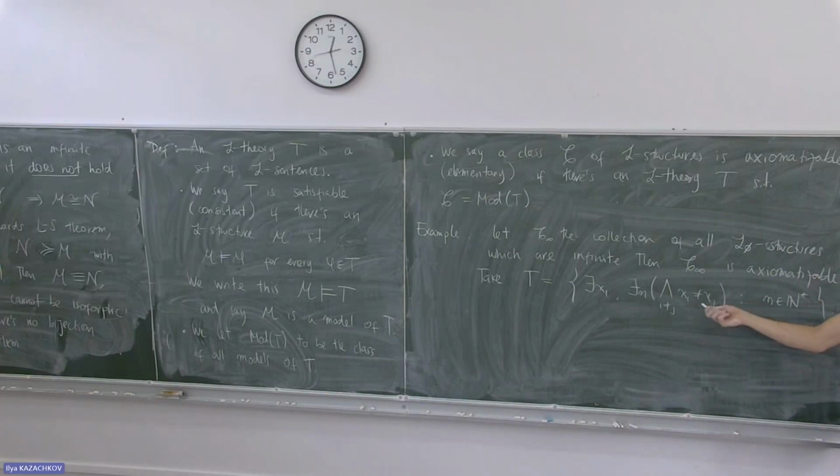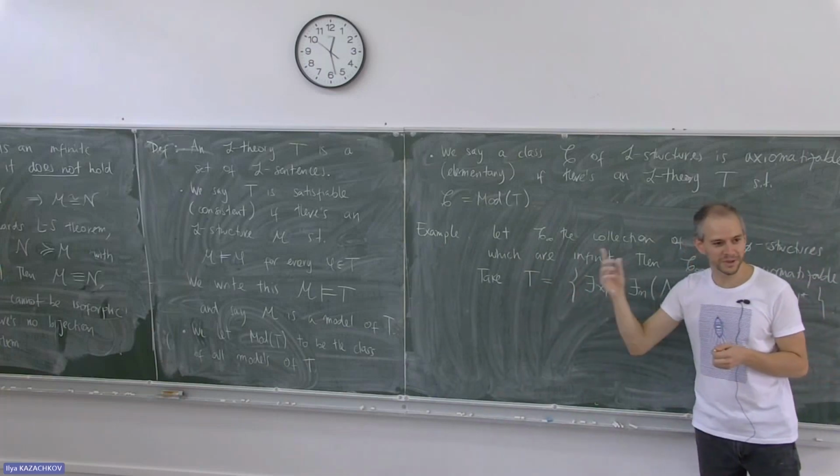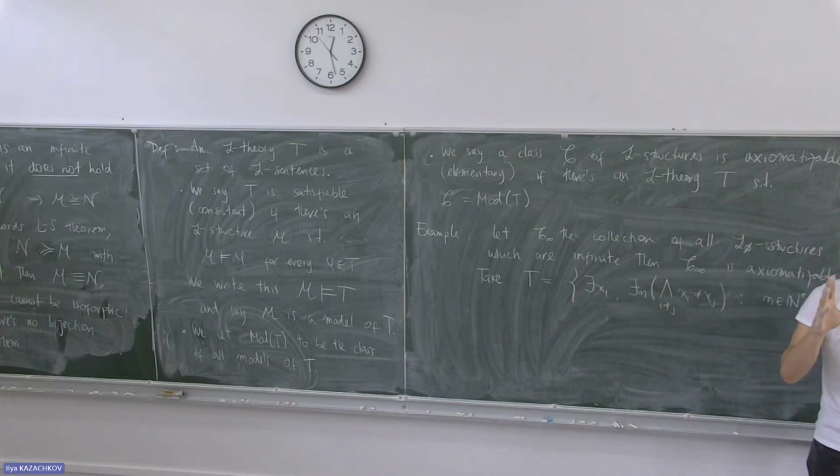And any infinite structure is going to satisfy all these formulas. This is one of the differences between satisfying a whole theory and just satisfying one sentence. The exercise that we haven't solved is to show that no single sentence is going to do the same job.